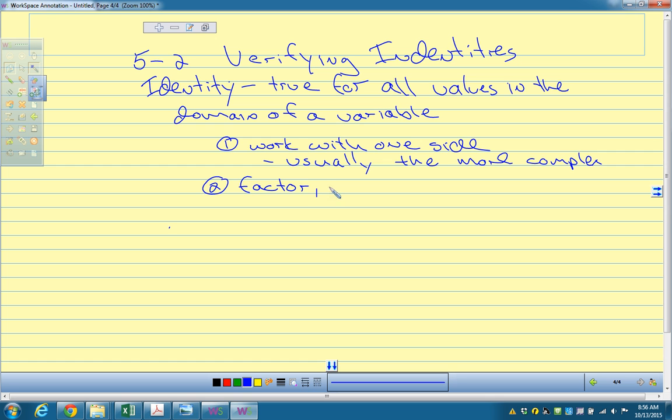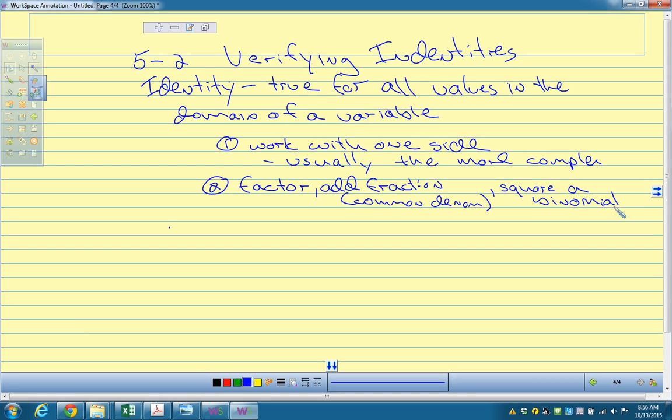Add fractions, which usually involves finding a common denominator, which we've already seen some of in last night's homework. Sometimes you have to square a binomial, which we'll see.